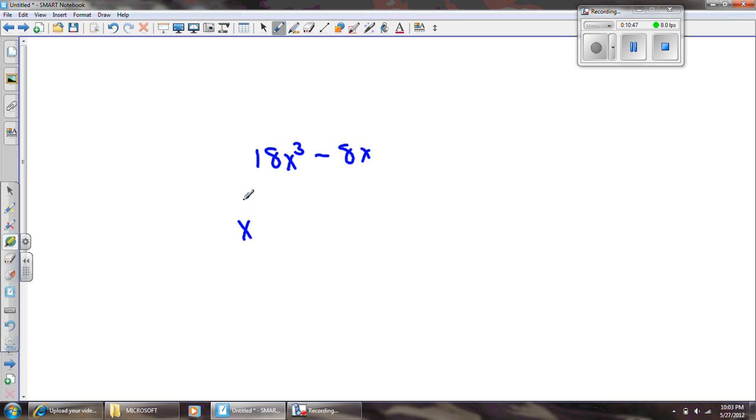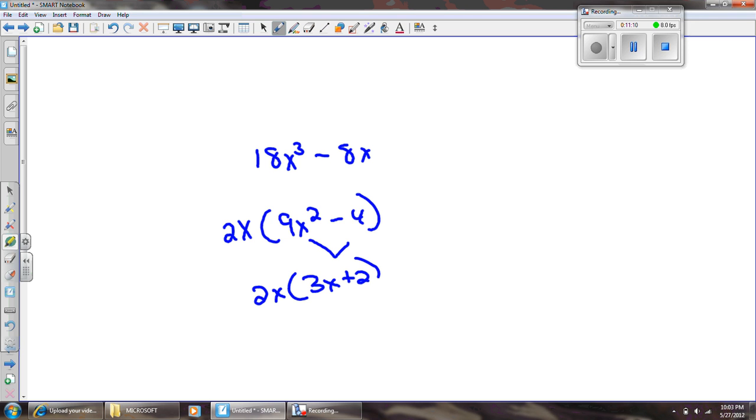I also know there's a GCF of 2. When I pull out the 2x, the 18x cubed is going to become a 9x squared. When I pull a 2x out of here, we get minus 4. And so this part factors further. We have a 2x. This is the difference of squares. It's going to be 3x plus 2 as a quantity and 3x minus 2. Now I'm not actually going to solve it because it didn't equal 0.